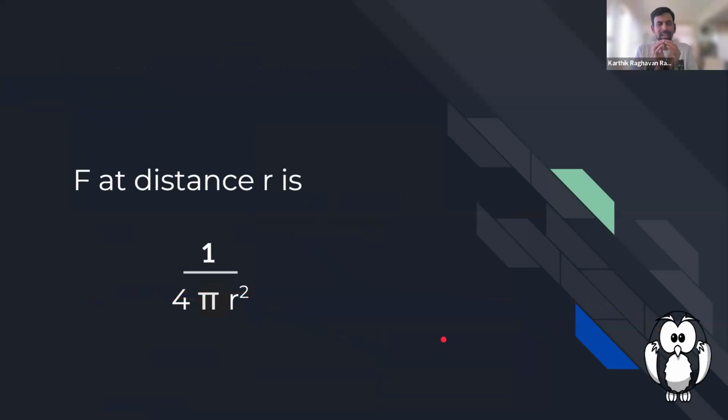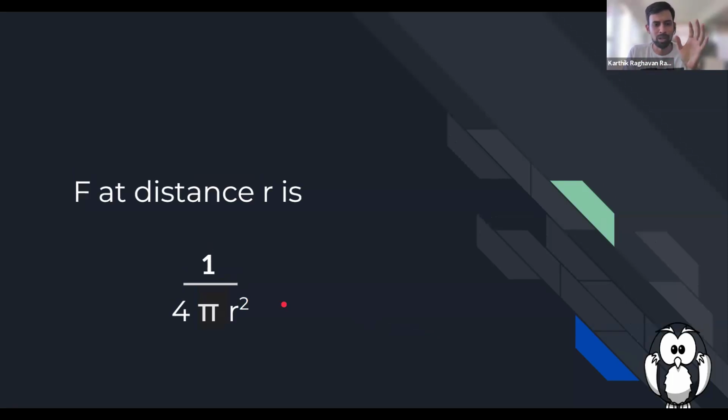The force at distance r is 1 by 4 pi r squared. That is the formula. You will get to it, I think, in 6th grade or 7th grade, depending on your syllabus, school, whatever. But 4 pi r squared is the formula for the surface area of a sphere.